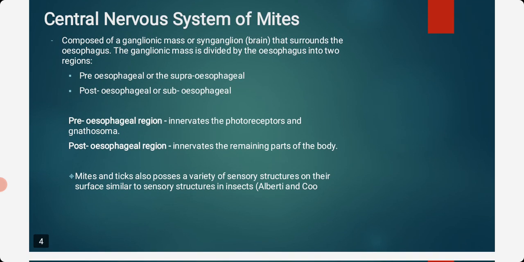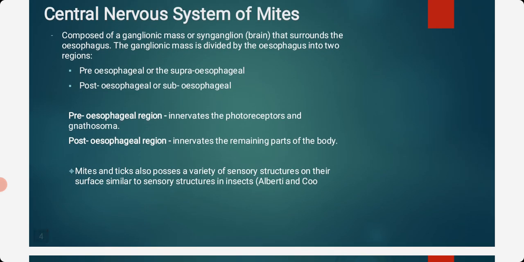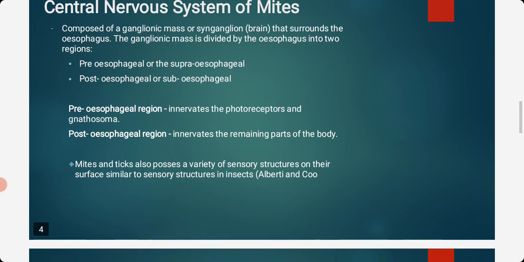Next is the central nervous system of mites. So, ang central nervous system of mites is composed of a ganglionic mass or ganglion brain that surrounds the esophagus. The ganglionic mass is divided by the esophagus into two regions.